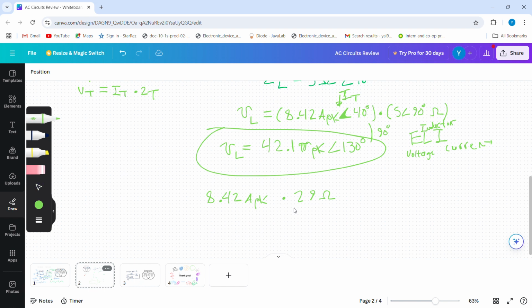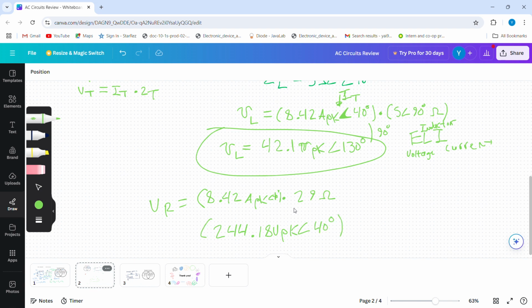Let me make sure I include my angle here. It's going to be 40 degrees. And this is to find the voltage of my resistor. After I do this calculation, my voltage of my resistor is going to be 241.8 volts peak, angle 40 degrees.